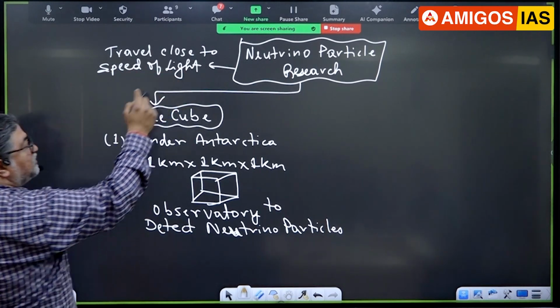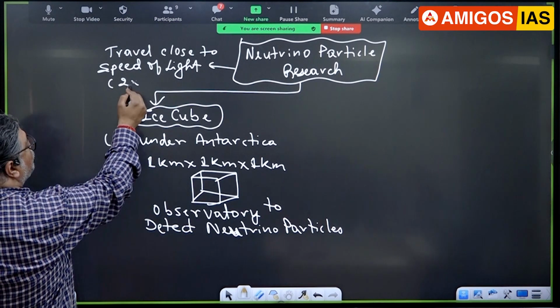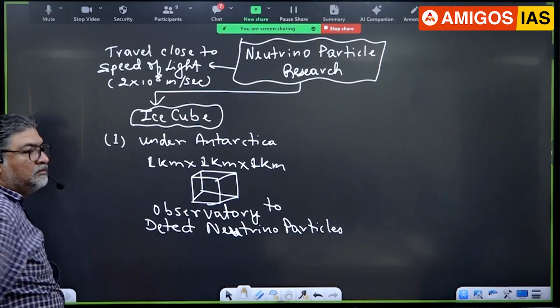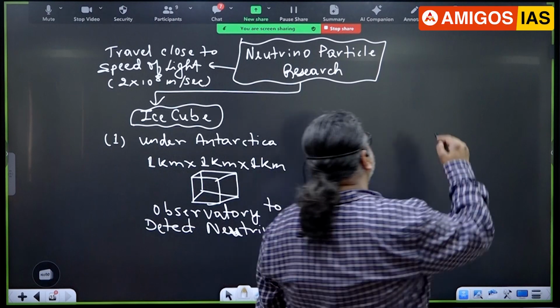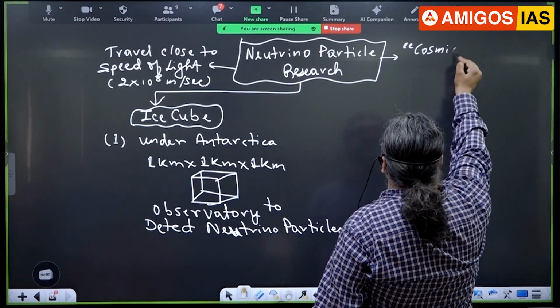You know, light travels at 3 times 10 to the power 8 meters per second. Neutrinos travel at around 2 times 10 to the power 8 meters per second. Now, what about neutrinos here? They are called cosmic messengers.